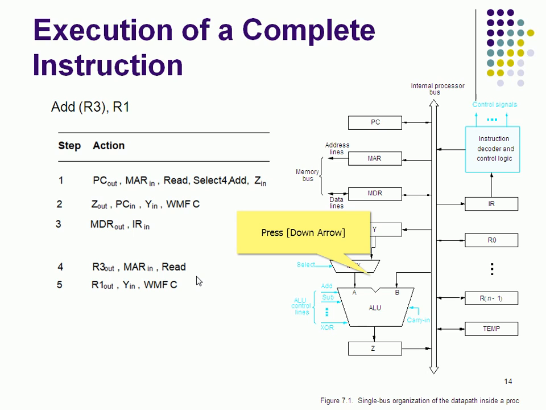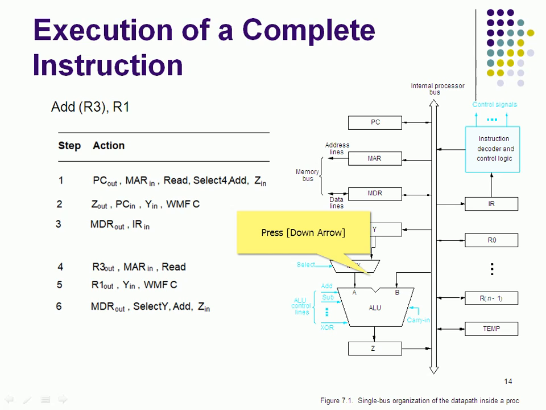Why? Because previously we initiated the read operation, since this is indirect addressing. So we have to get certification from the memory, a green signal from the memory, that is, wait for memory function completion. Once it is completed, MDR out. It means that the data has arrived at the CPU and it will be put out onto the processor bus.